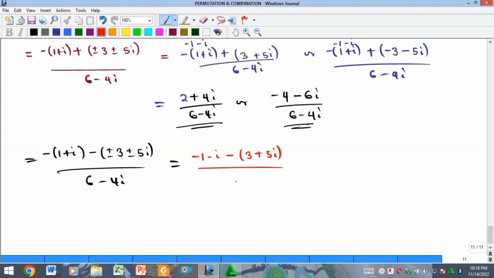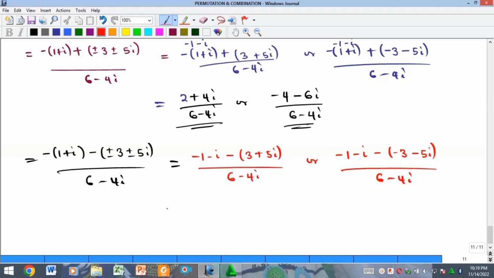You are going to see that this is just going to be a repetition of these two. And then or, I'm going to choose plus minus minus here. So I will have minus 1 minus i, then I'll now have minus 3 minus 5i. So I choose plus plus here and then minus minus here, and this is all over 6 minus 4i.